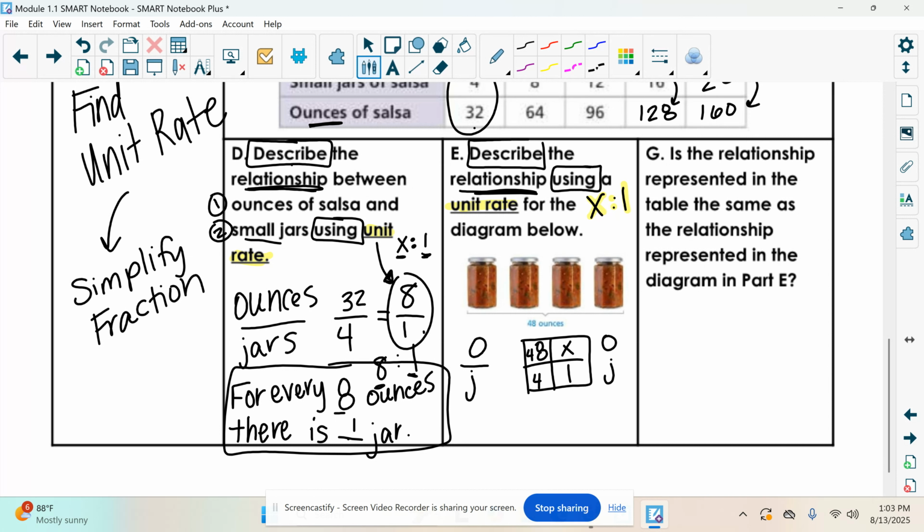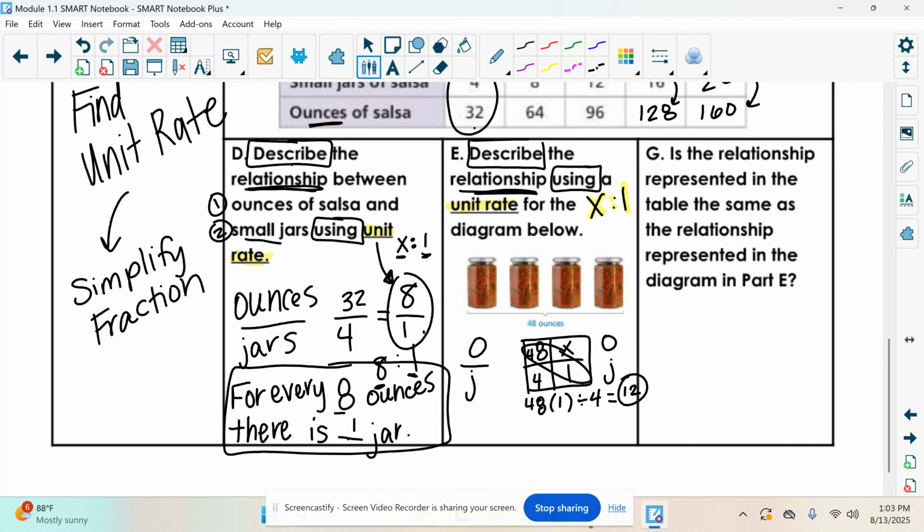How do we solve for x? Cross multiply 48 times 1 and then divide it by 4, which gives me the number 12. What is 12 here? The second number, which is 1.